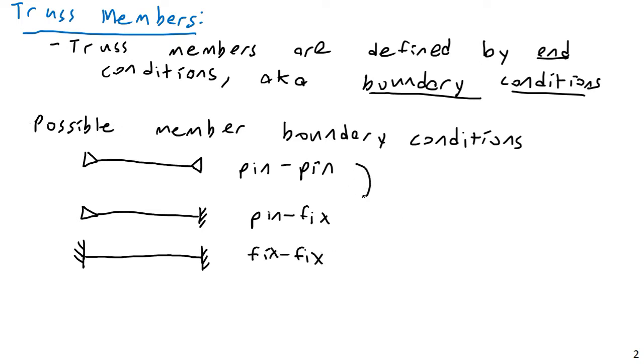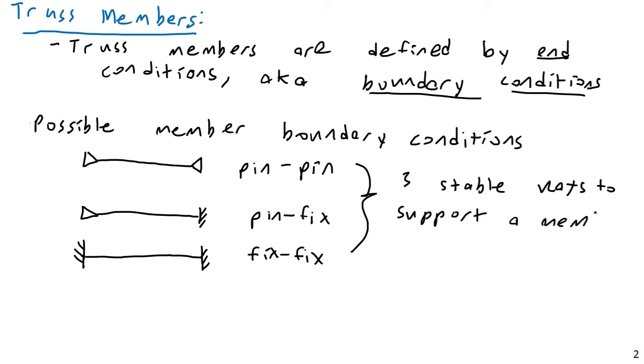But these are the 3 primary ways, or at least stable ways, to support a member via end supports.